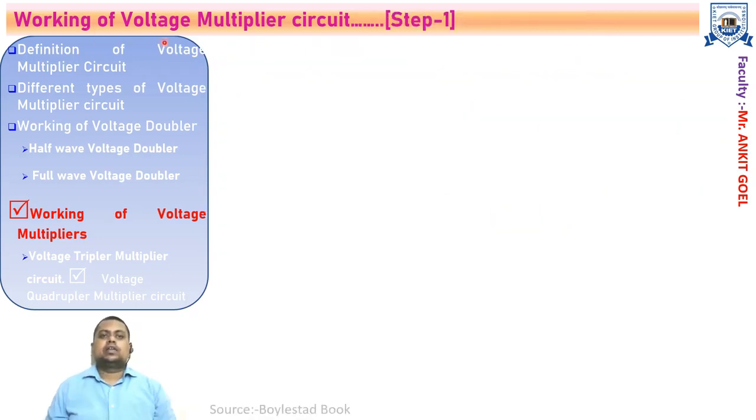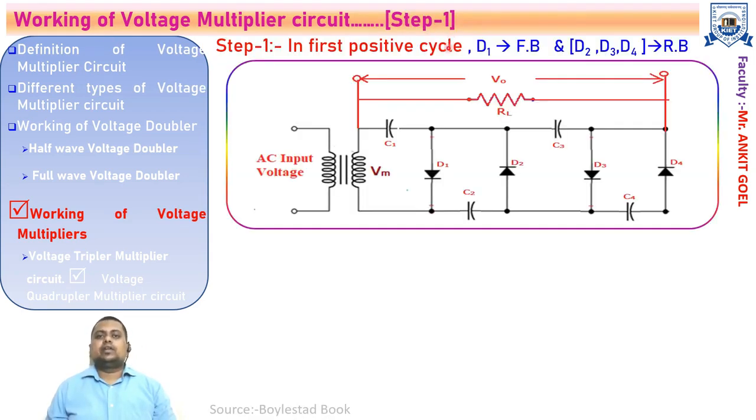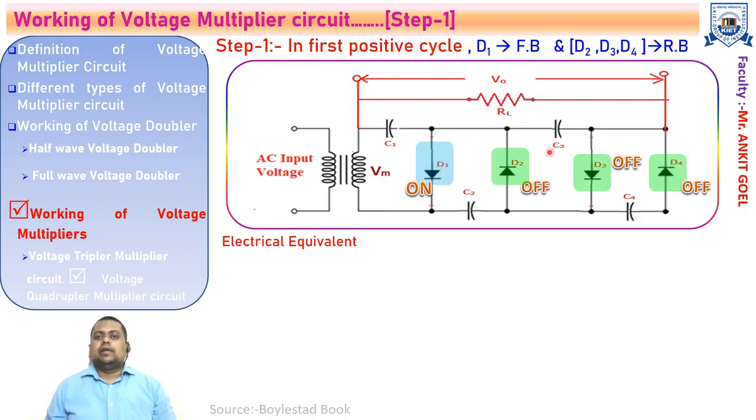Let's understand the working of the voltage multiplier circuit step by step. So in step 1, this is the voltage multiplier circuit we have, in which in the first positive half cycle, diode D1 will be in the forward bias state or on state, and the rest of the diodes D2, D3 and D4 are in the off state. Initially, I am assuming all the capacitors are uncharged and they have a very high time constant.